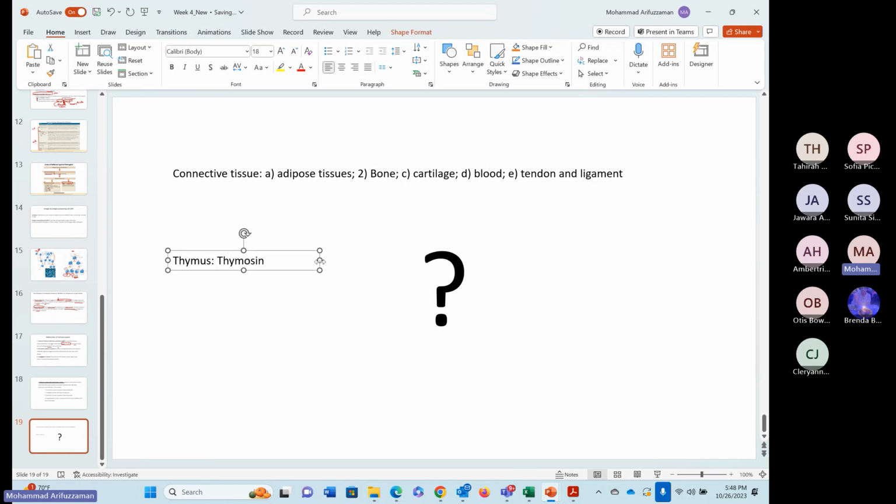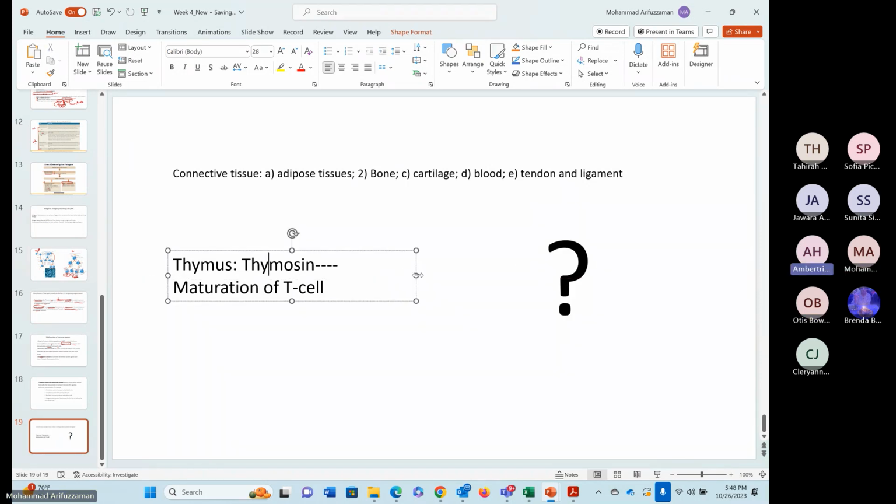Let me zoom in. The thymosin helps in the maturation of T cells. T lymphocyte maturation takes place within the thymus because of this hormone.